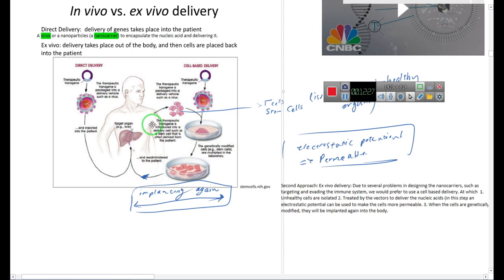As you see here, we will isolate the unhealthy cells at the beginning, and then we can apply a sort of an electrostatic field to make these cells more permeable, to open the cellular membrane pores more and more, so they become more permeable, and the nanocarriers can enter the cells to treat them, to deliver the new nucleic acids, and after they are genetically treated, we can implant them again back into the body.